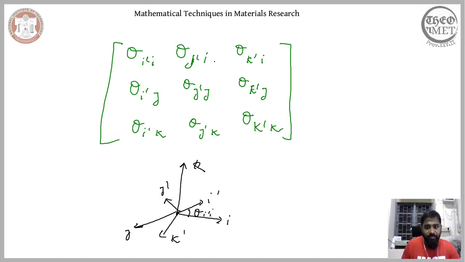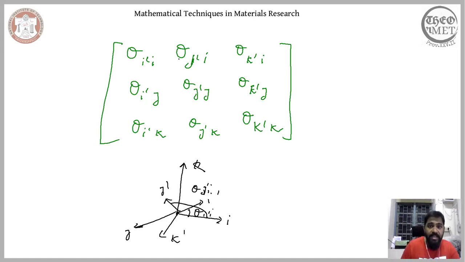My theta j prime i corresponds to this angle here. So essentially these thetas are the angles separating the corresponding orthogonal bases. Theta k prime i is the angle between the bases k prime and i. Theta i prime j is the angle between the i prime basis and the j basis.